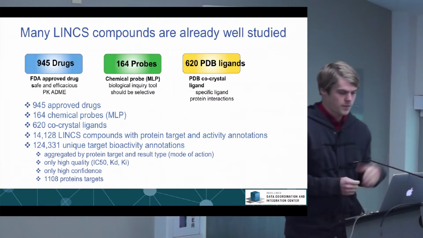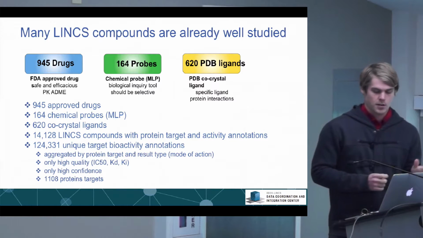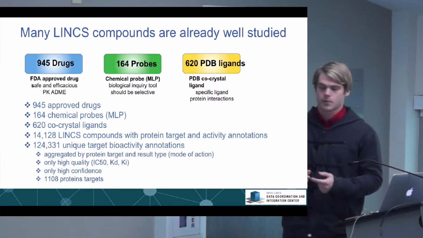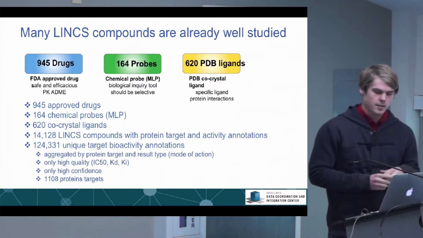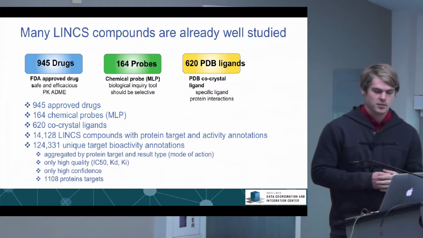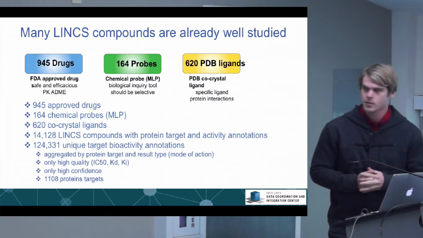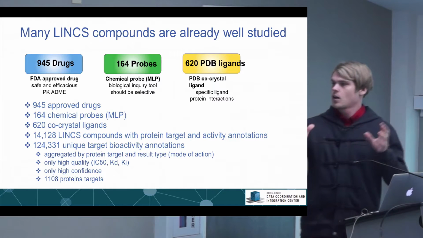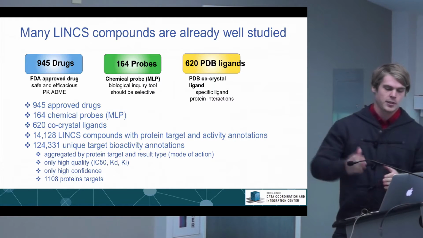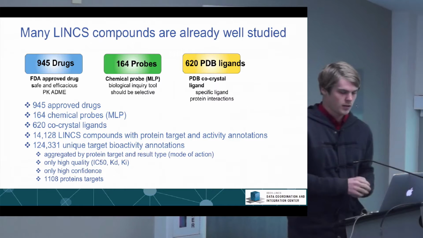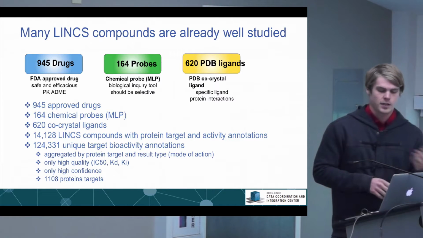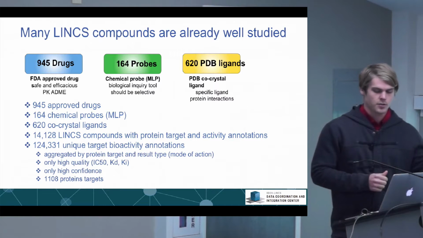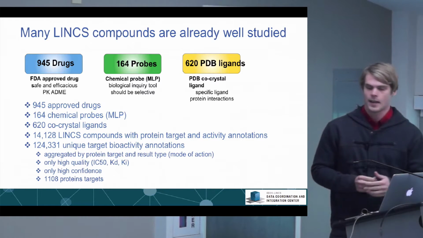From this, we know that 14,128 have protein target and activity annotations that we've been able to grab from these public bioactivity repositories, and approximately 124,000 unique target bioactivity annotations. We have a stringent cutoff for what we can actually grab. There's actually more than that, but this is only data that has an activity confidence value greater than a certain threshold, and is only IC50, Kd, Ki.